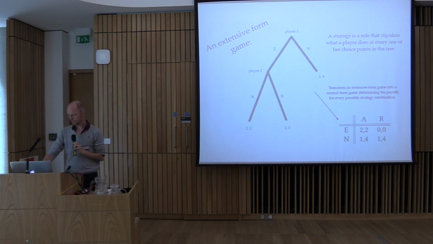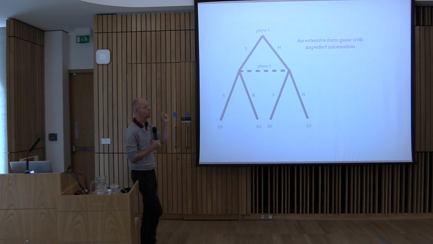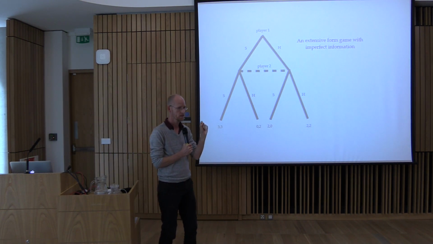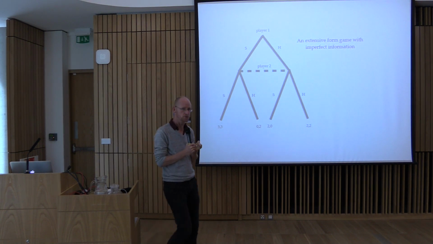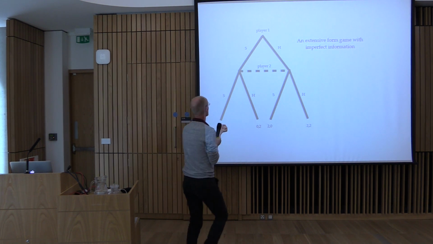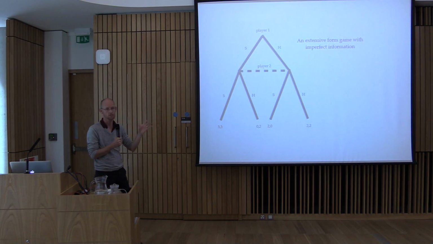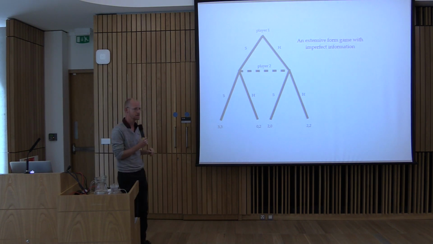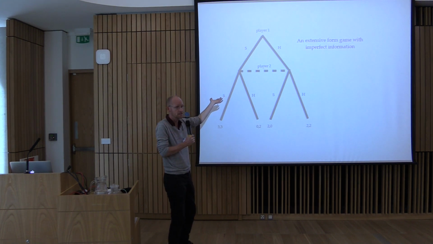You have another type of extensive game, namely an extensive game with imperfect information. Although player 1 chooses first, and player 2 chooses second, player 2 doesn't see what player 1 is choosing. So player 1 chooses first S or H, think of that as stag or hare hunting. But player 2 doesn't see that, so he has to make an independent decision.